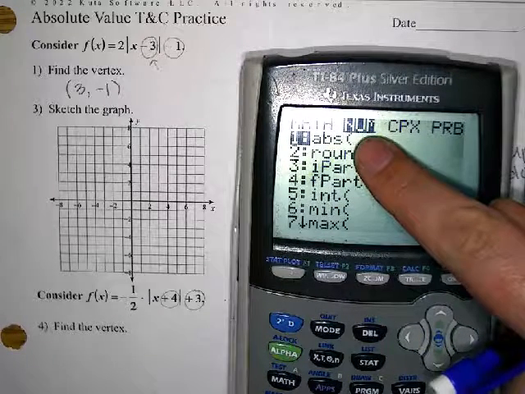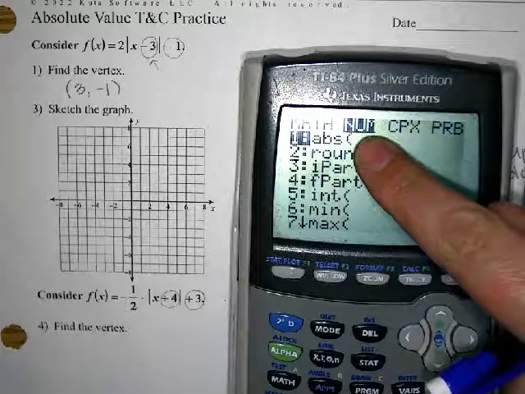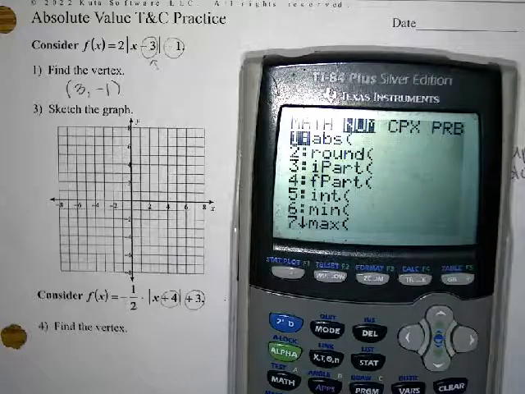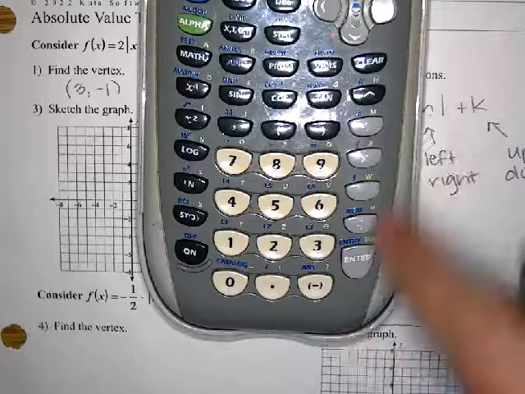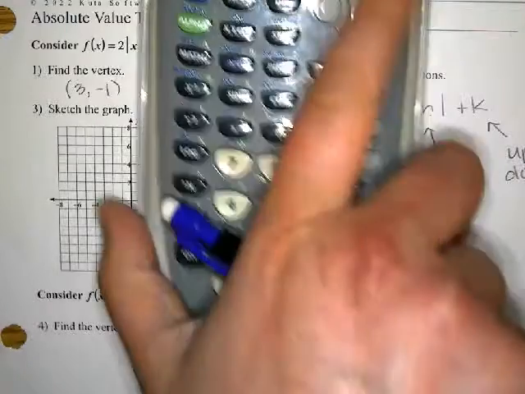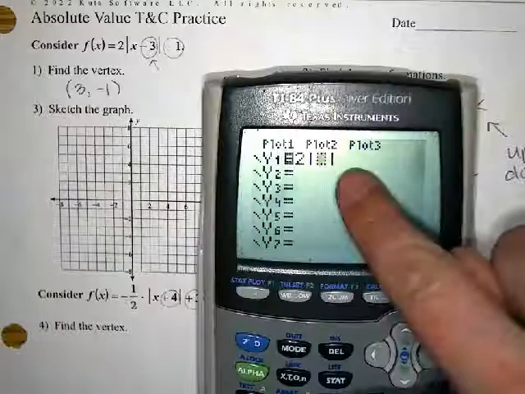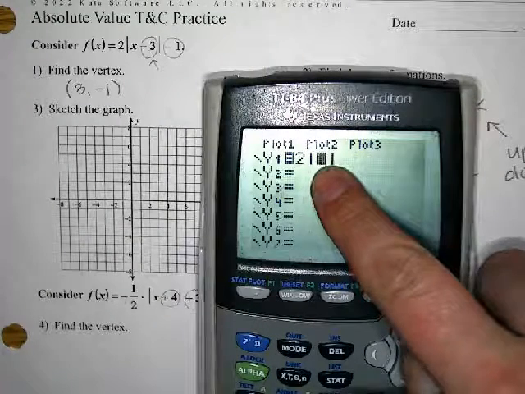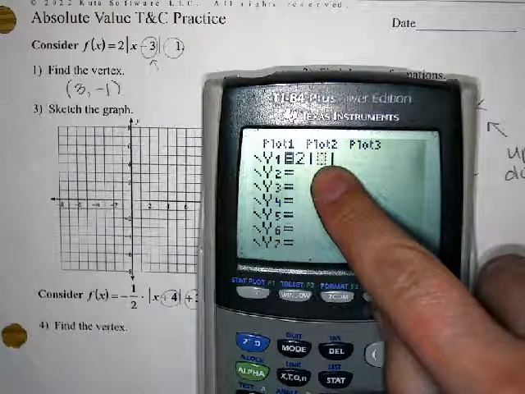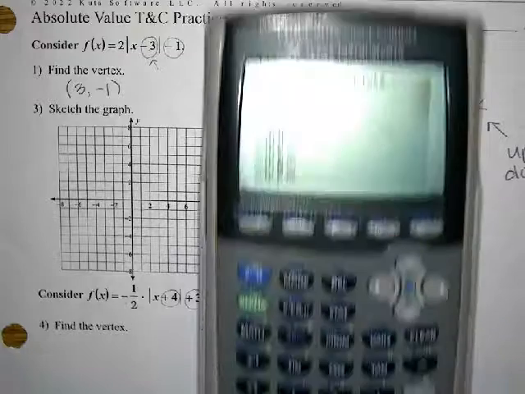So I'm going to hit the right arrow to number, and then the first option says ABS. That's for absolute value. So in the first one, I'm going to go to the bottom of my calculator and press enter. And what happens when you do that is the absolute value signs pop up on the screen, and so now I have to type x minus 3, and so the x is right here.